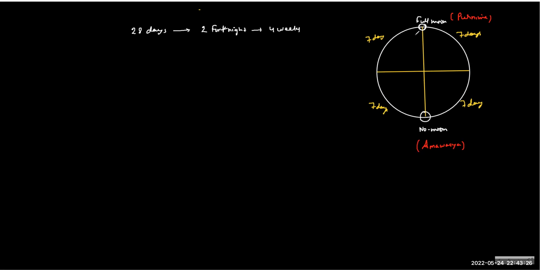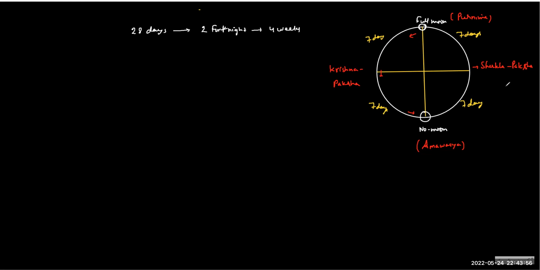So this entire part, the journey from here till here, is called Krishna Paksh. And this is called Shukla. So what is Paksha? The fortnight.